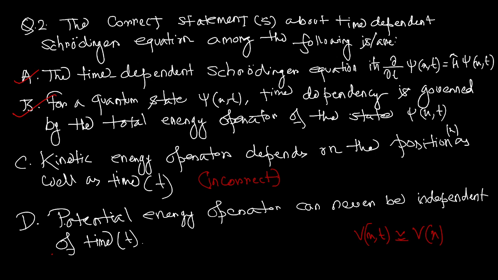So the potential energy operator can be independent of time in some cases. So this is also incorrect. So these two are the correct answers. Now moving to the third one.